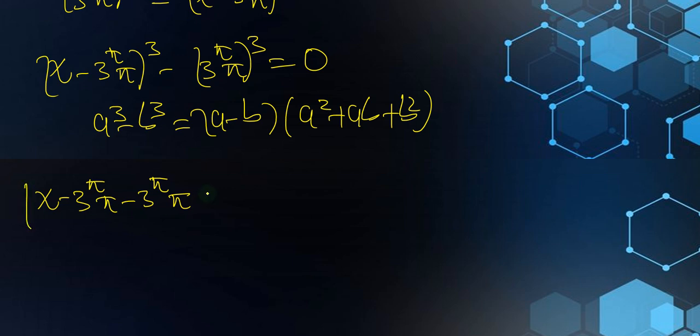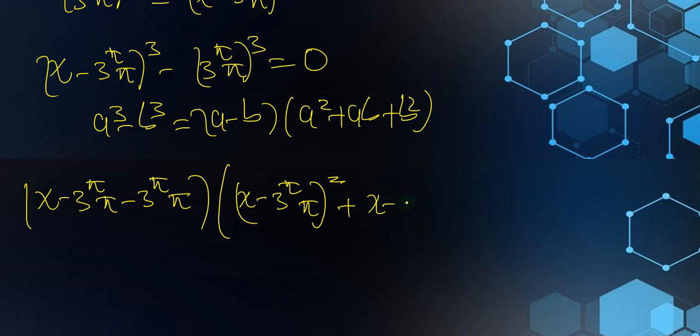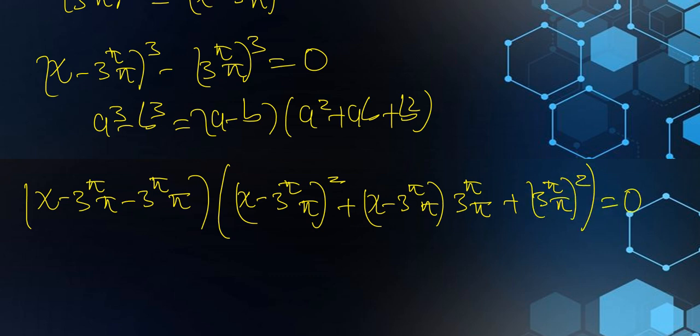This will multiply the first one to the power of 2, which is x minus 3 to the pi times pi, this one to the power of 2, and then plus the product of them, x minus 3 to the pi times pi, which multiplies 3 to the pi times pi, and then plus 3 to the pi times pi squared, and then this is equal to 0.